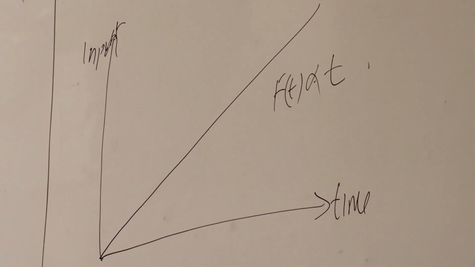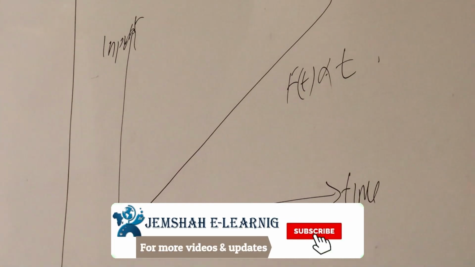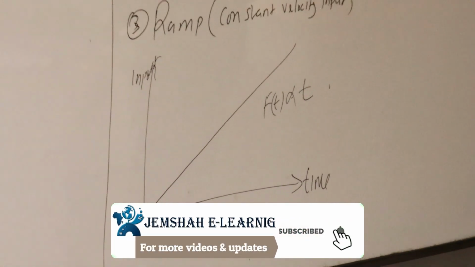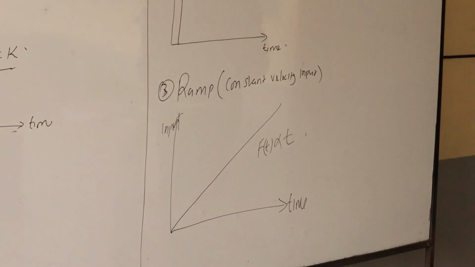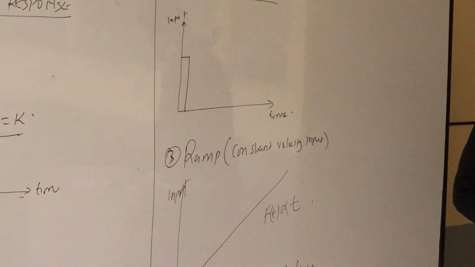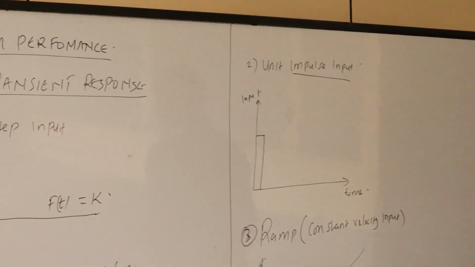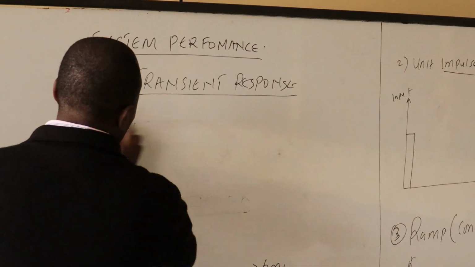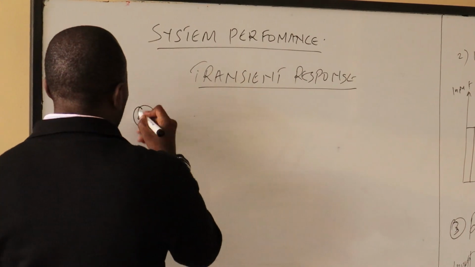We said the standard inputs that we are going to talk about are 5, so that is number 3. The next standard input that we are going to talk about is what we call the parabolic or constant acceleration input, number 4.